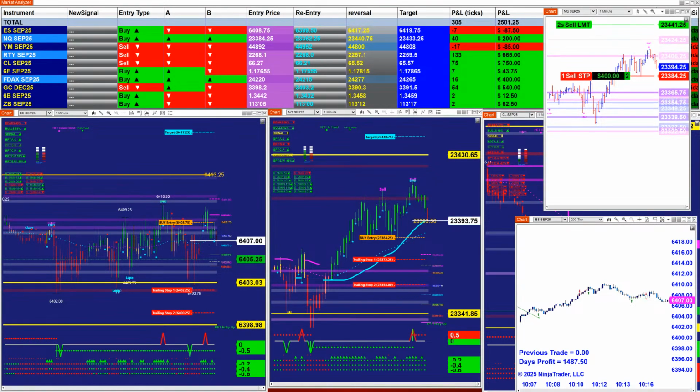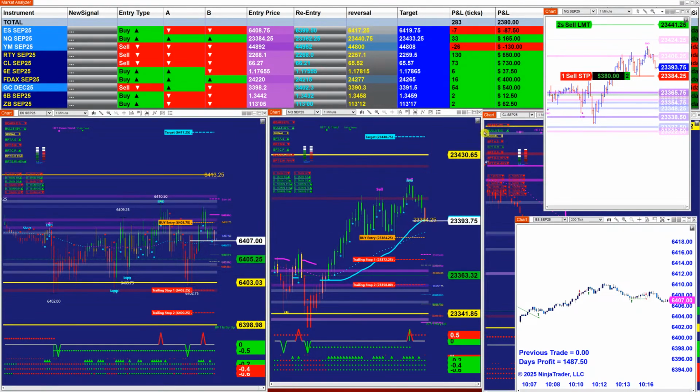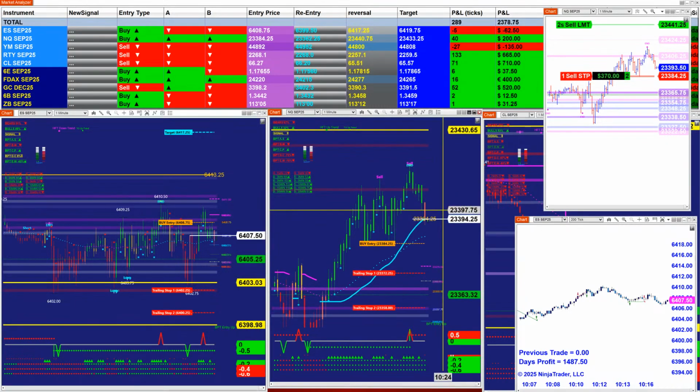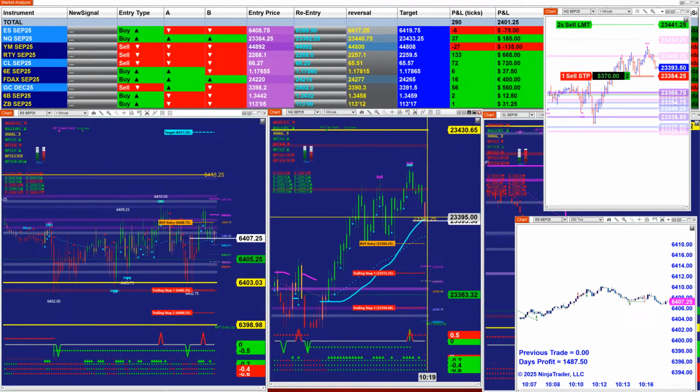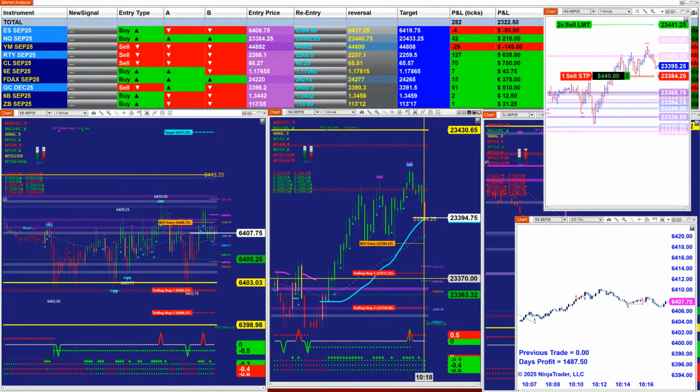So now it is really important to see if the Nasdaq holds on this re-entry, or sinks to the second re-entry at 23,387. This is the first re-entry, this is the second, and this is the third.